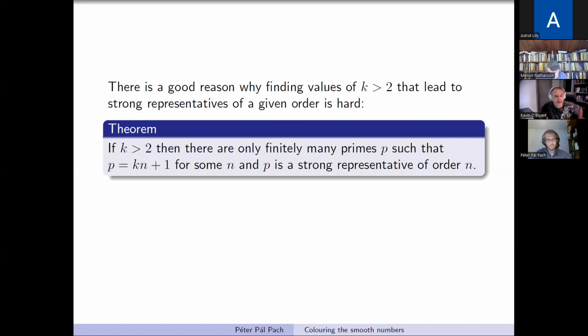And the reason behind this is that if k is larger than 2, then there can be only finitely many primes such that kn+1 is a prime which is a strong representative of order n. Does this have any connection whatsoever to the Germain-type conditions? This has something of a familiar ring.